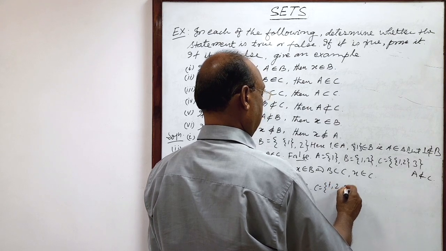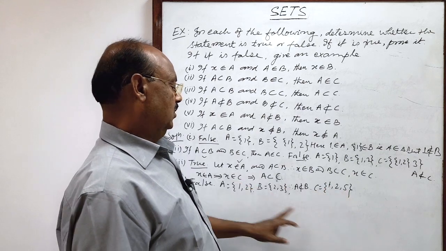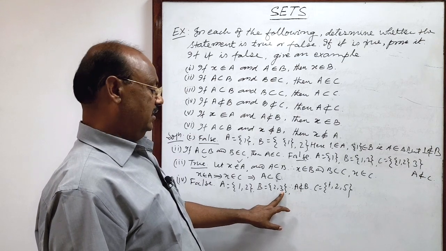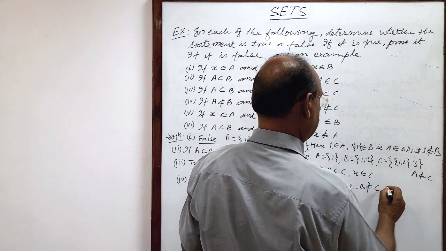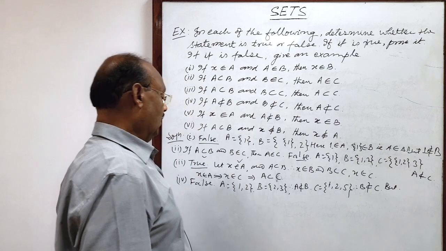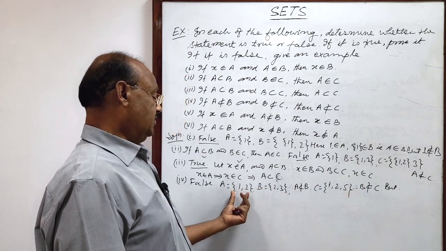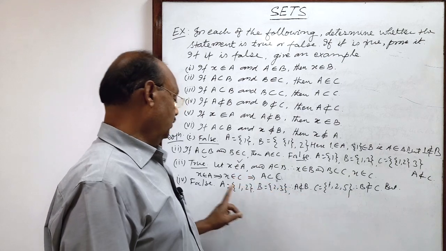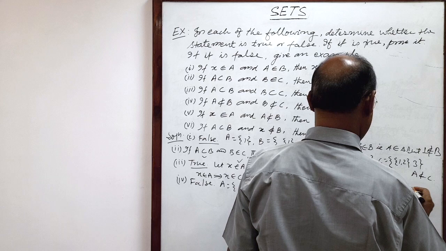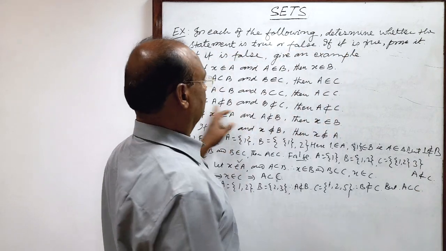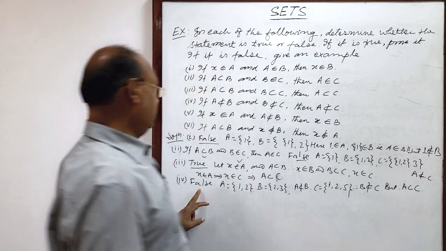The member 3 of set B is not in set C, so B is not a subset of set C. But what we find here is that A has elements 1, 2 and C has elements 1, 2, 5, so each and every element of set A is available in set C. So A is a subset of set C. The given conclusion is that A is not a subset of C, but we find A is a subset of C. So this statement is false.